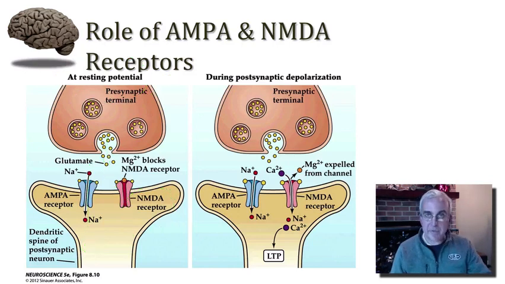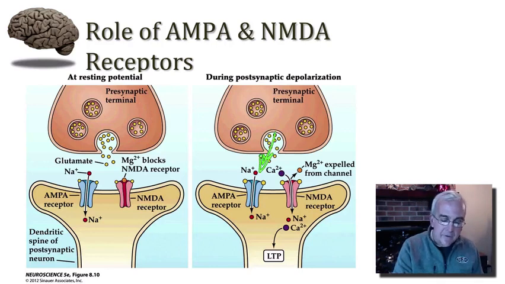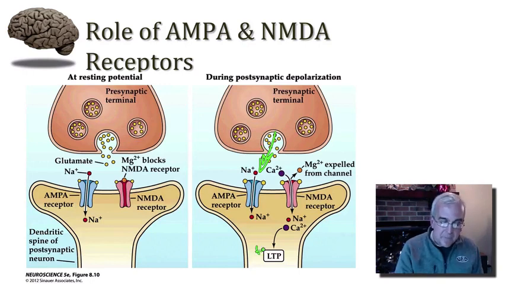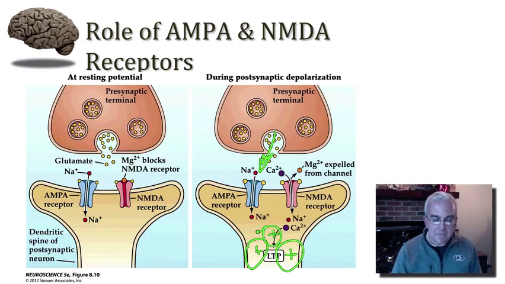However, should there be a strong depolarization of that postsynaptic cell, which would be expected if there would be a high-frequency train of activity at this synapse, then what we would find is a flood of glutamate out of that presynaptic terminal and perhaps out of surrounding synapses from the same input that might reach this postsynaptic dendrite, and that might lead to much more significant depolarization in this postsynaptic site.